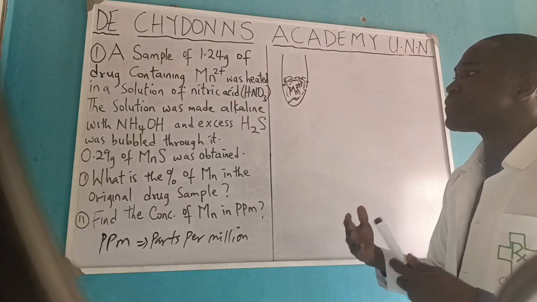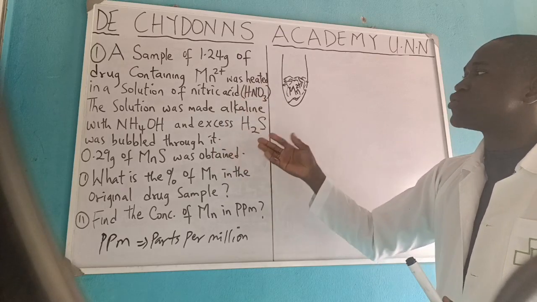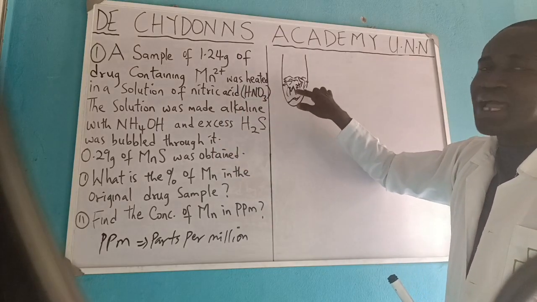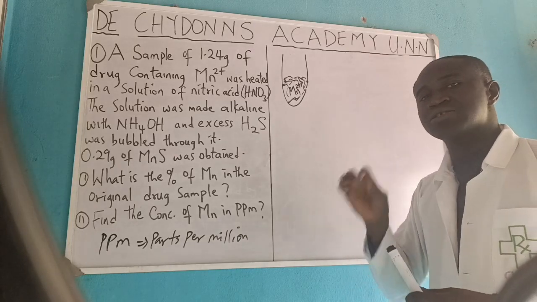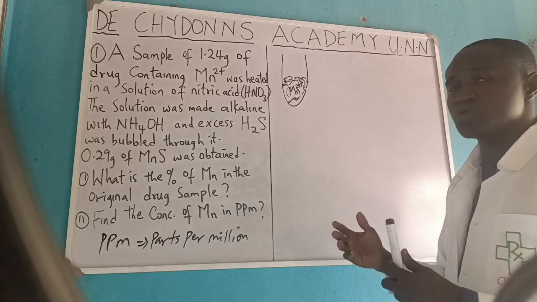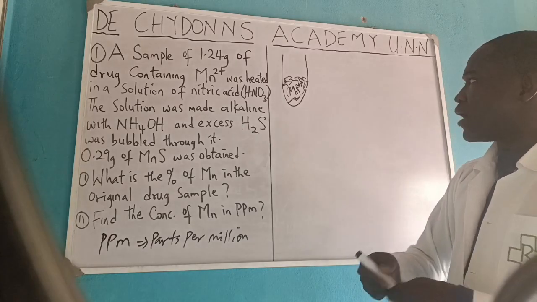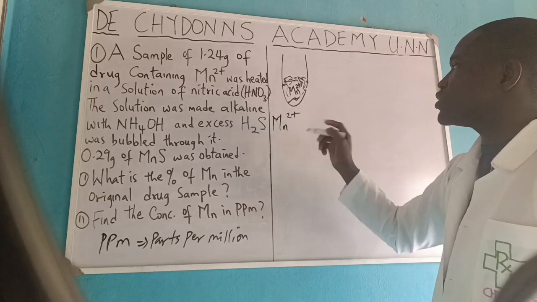And so you need to represent what happened, or what you did, to know how much manganese is in it. You need to represent it with a well-balanced stoichiometric equation so that all of us will be able to understand what is going on. Look at what I mean. This is manganese 2 plus inside it.